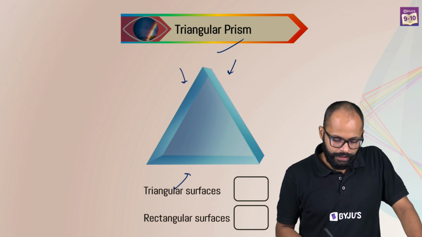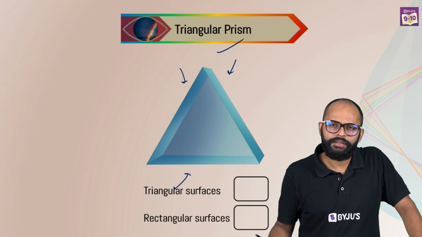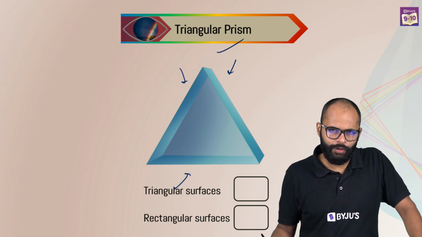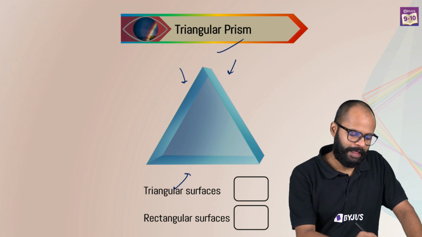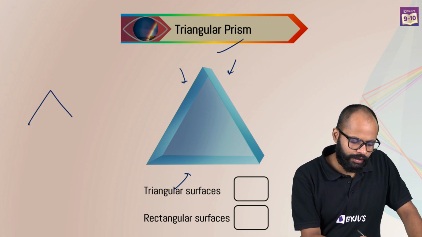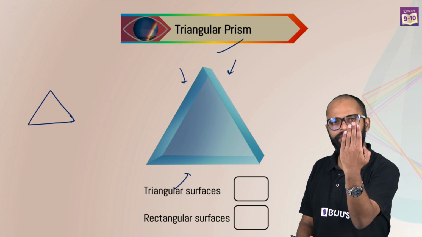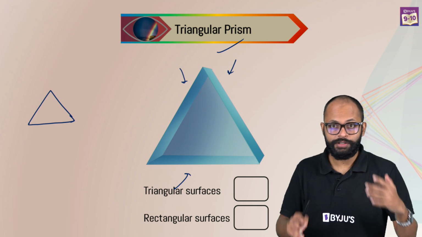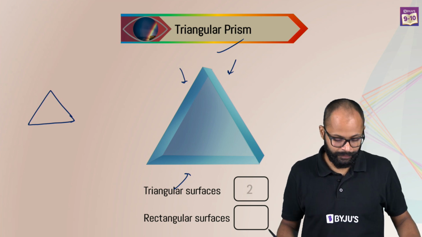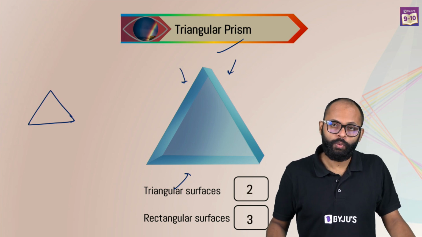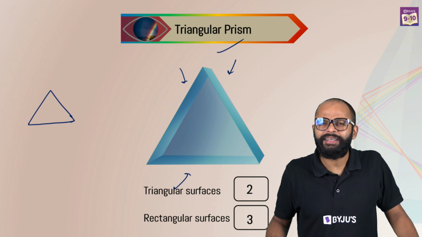So how many triangular surfaces does it have? Think. How many triangular surfaces does it have? 1 or 2? If we take a look from the front, it feels it has one surface. But if you just shift like this, again it has one more triangular surface, no? So there are 2 triangular surfaces. Rectangular surfaces will be 3. Which rectangular surface?